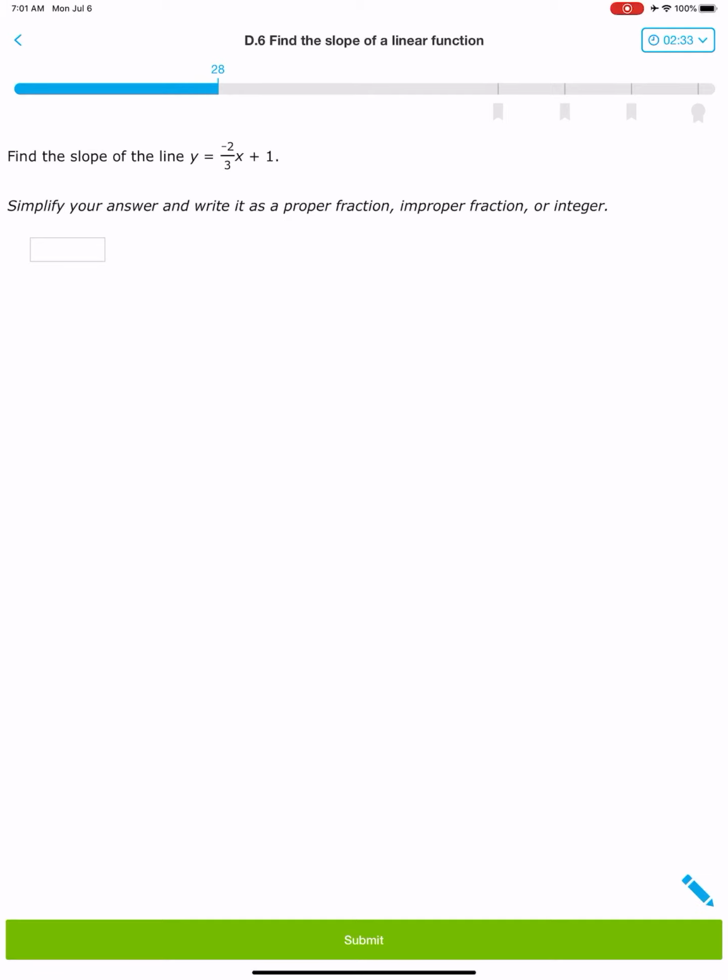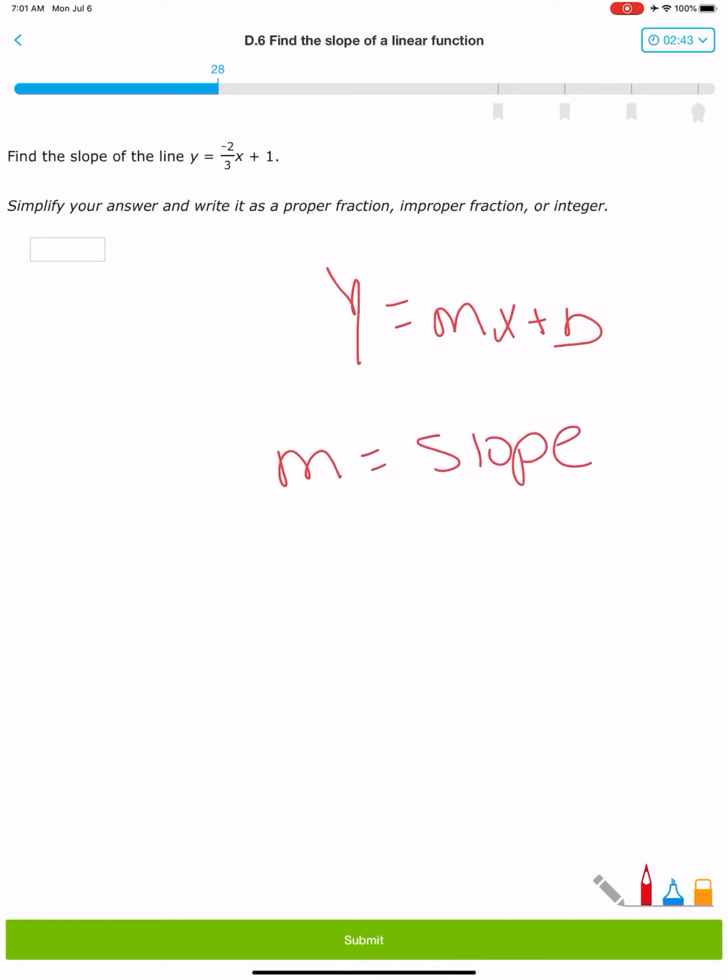Slope-intercept form is y equals mx plus b, where m equals slope and b equals y-intercept, okay? Our slope is m. That's the number in front of x. So here, our slope is -2/3.